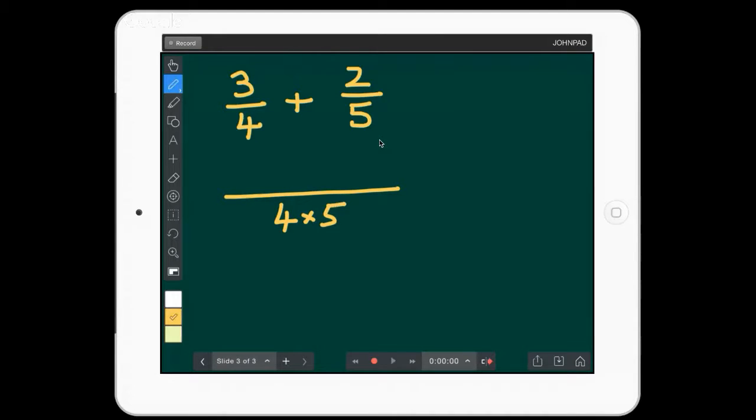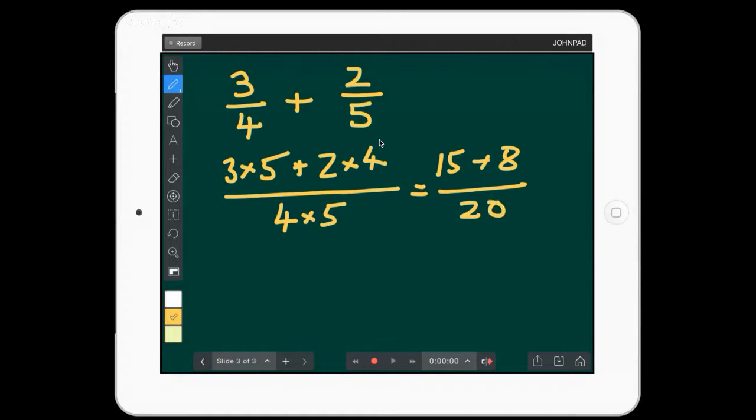Say, how many 4s are there? 5, so 3 times 5. How many 5s are there? 4, so plus 2 times 4. So that's equal to 15 plus 8 over 20, which is equal to 23 over 20. And that's the answer.